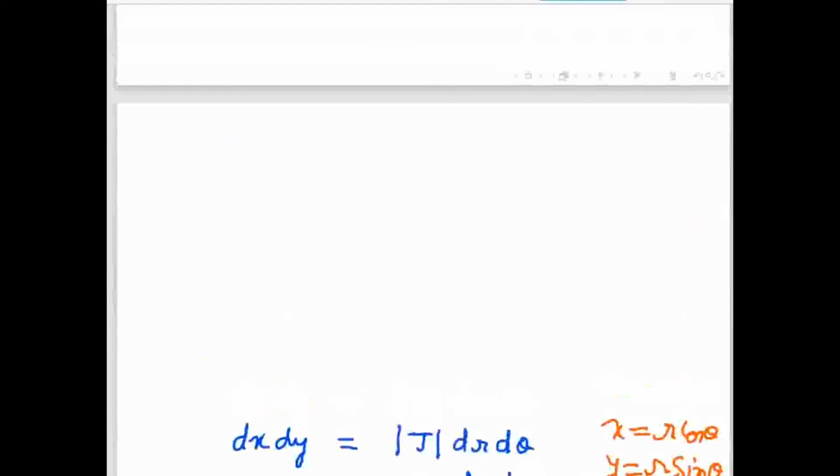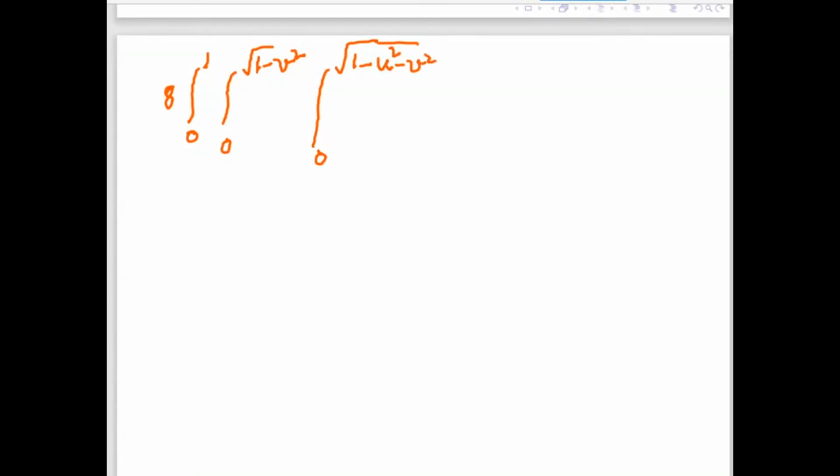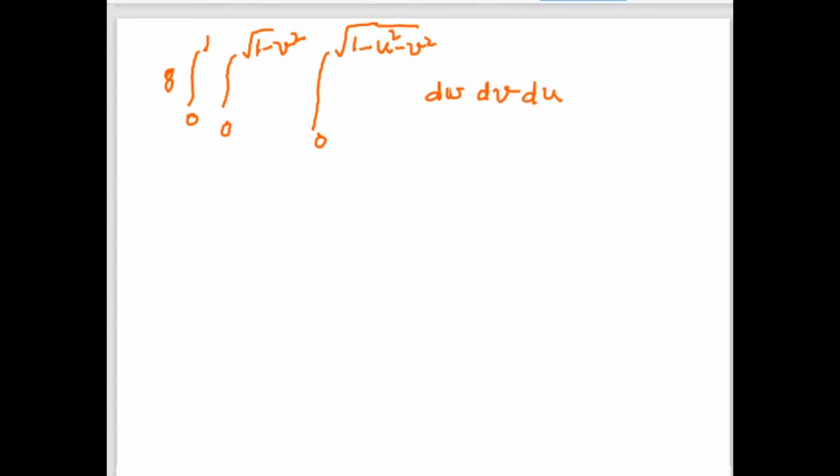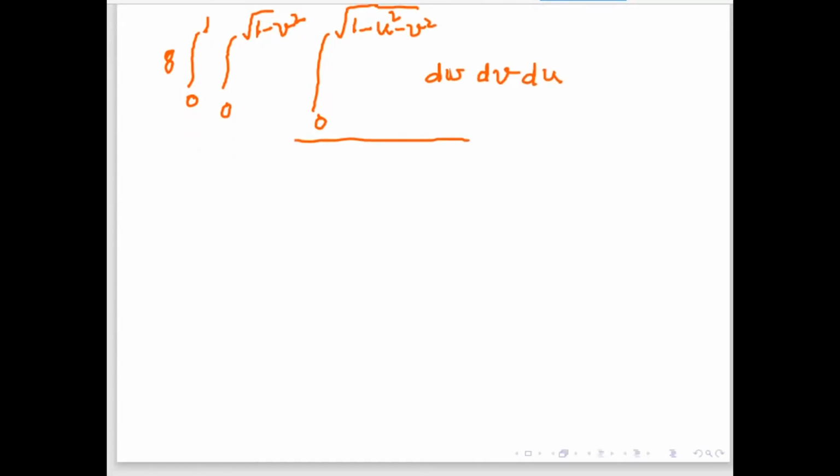So here I am writing. We have to integrate this, 8 times, 0 to 1, 0 to square root of 1 minus u square, 0 to square root of 1 minus u square minus v square, dw dv du. So first I will do the integration with respect to w.